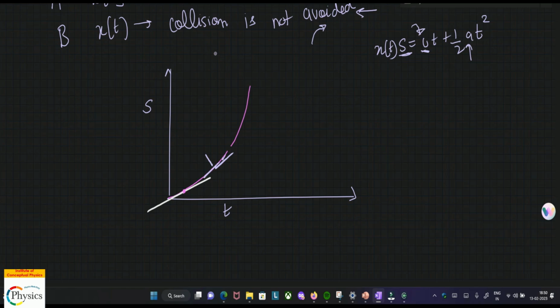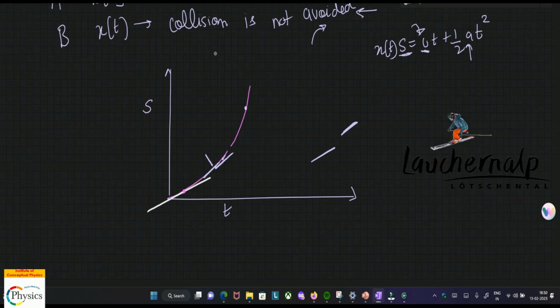The first line is like this, the second line has higher slope. The higher you go, if you consider this point, look at the slope: it goes up drastically. Which means this velocity, v1, v2, these are instantaneous velocities. I've just drawn the slopes.